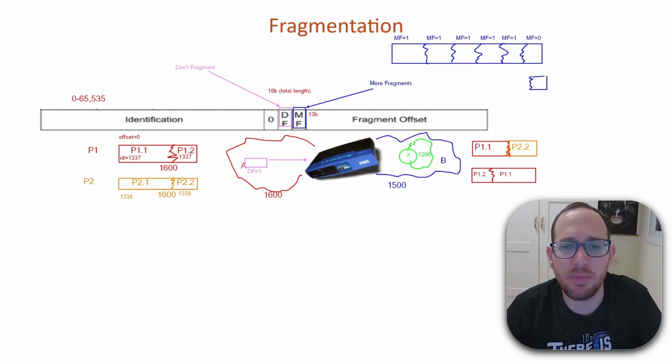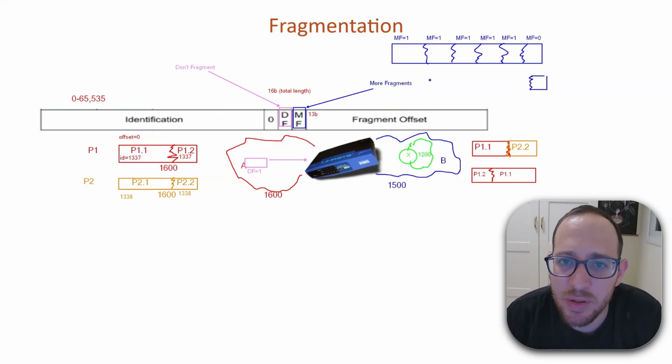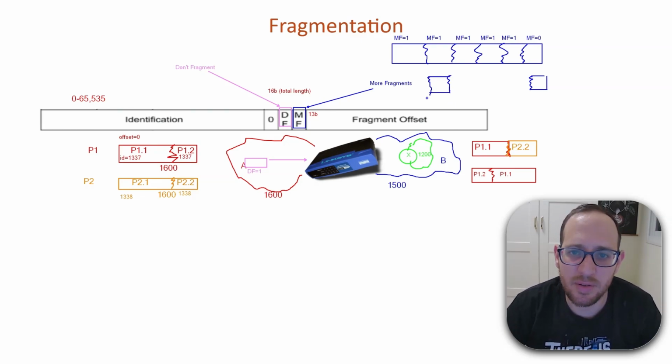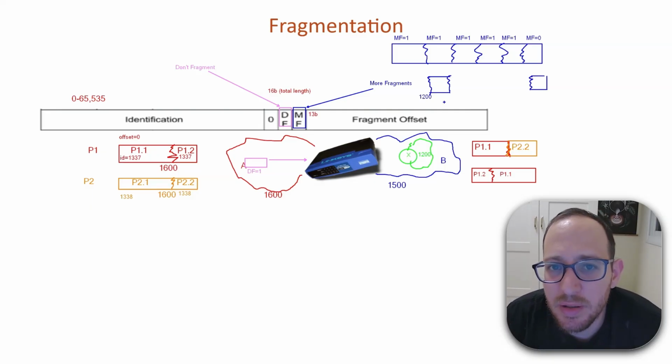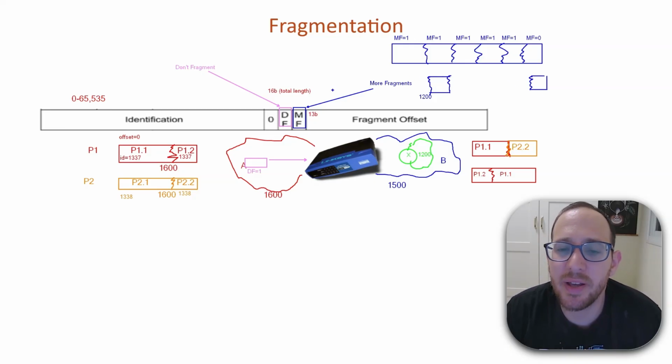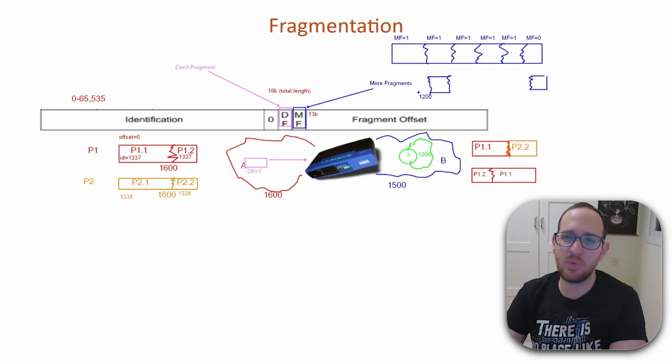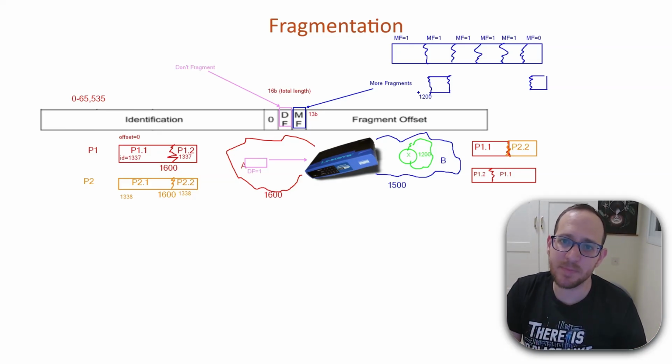I can put it here in memory, and then I receive the second one, and I know that it's here and not anywhere else. And the fact that I know it is because I have its offset. So I know that it starts at, let's say this is 1200 bytes. I can put it here, and then there is some length. I can put it here in memory, so I can allocate all of this buffer in advance and start filling it with fragments as they come.